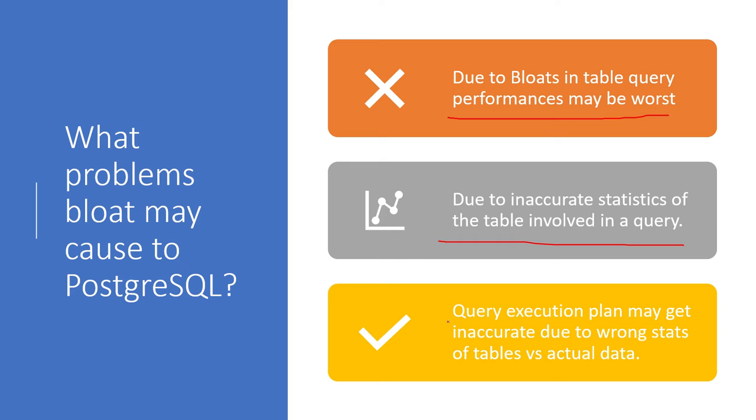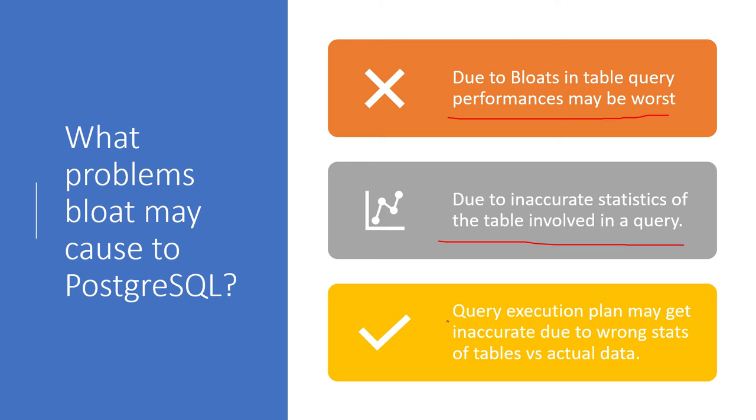When a query executes, it generates an execution plan, and if the table statistics are not correct, then the execution plan will also not be optimum. Instead of giving the best results in the best time period, it will give you the result in an inappropriate time.